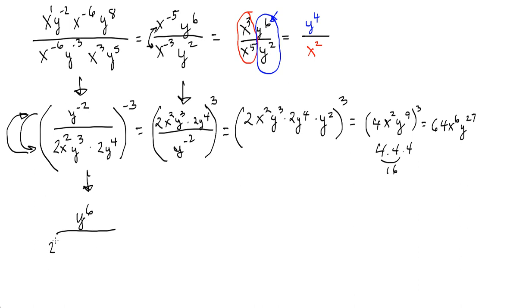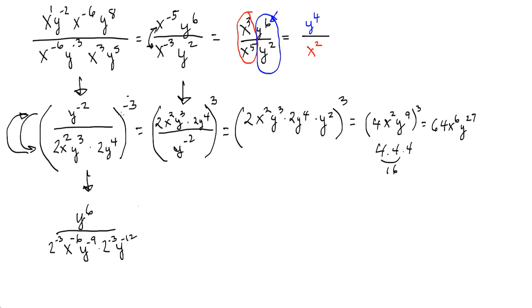I'm going to have 2 to the negative 3. I'm just going to leave it that way for a minute to show you something. Then I have x to the negative 6, don't I? Negative 2 times 3 is negative 6. y to the negative 9, negative 3 times 3. Then we've got another 2 to the negative 3. And then we've got a y to the negative 12, don't we?